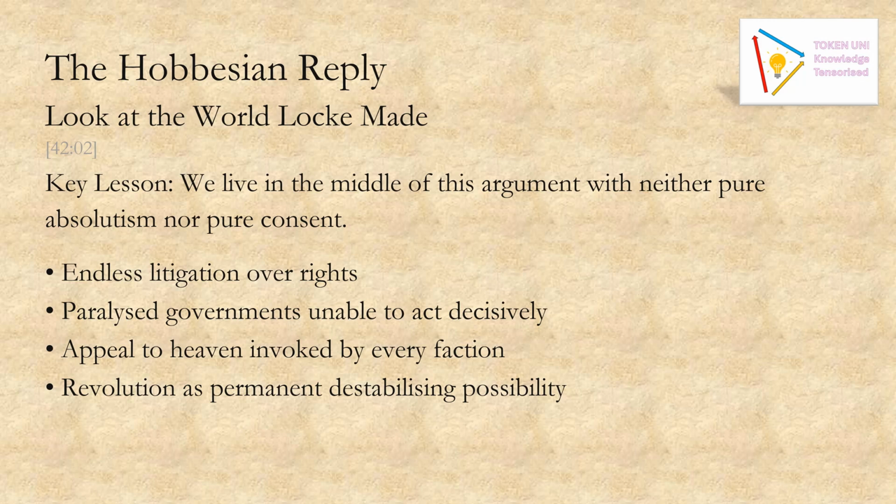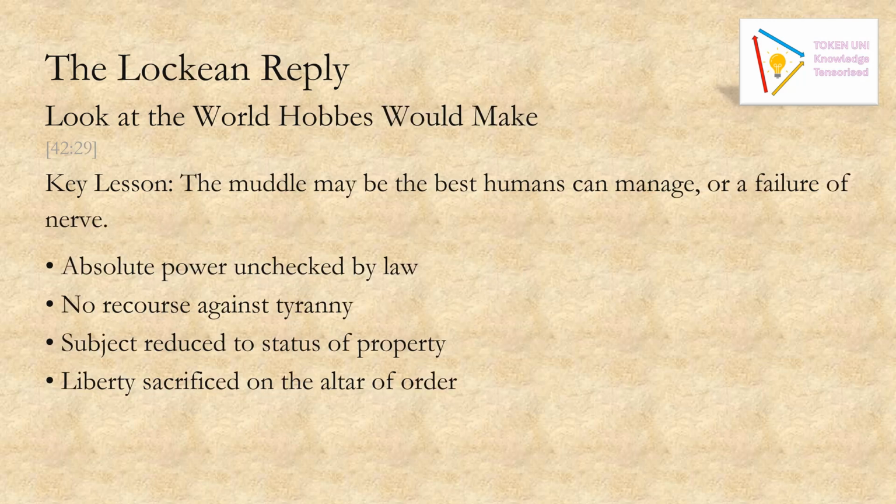The Lockean might reply, look at the world Hobbes would have made. Absolute power unchecked by law, no recourse against tyranny, the subject reduced to the status of property, liberty sacrificed on the altar of order. Was this not too high a price? We live in the middle of this argument.